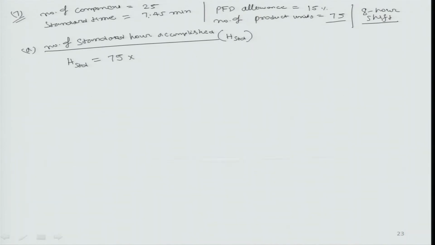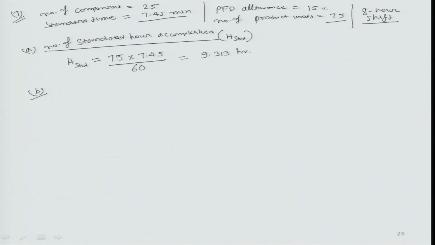And what was the standard time? 7.45 minutes. So this will be in minutes. If you want to convert it into hours, then you will have to divide it by 60. Then this will be 9.313 hours, the number of standard hours accomplished.